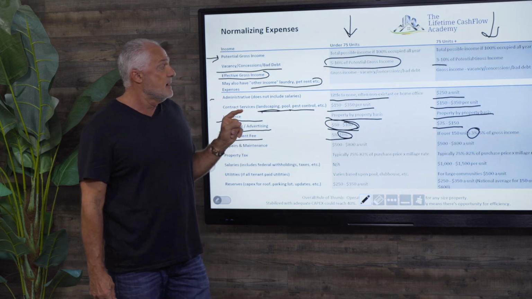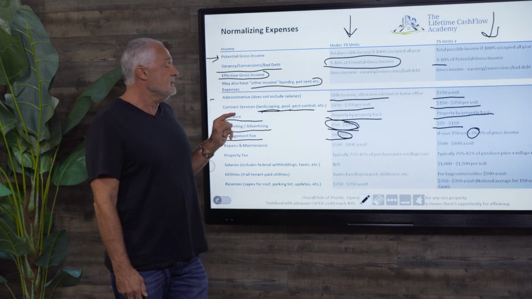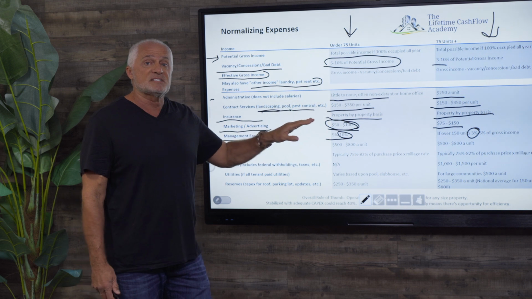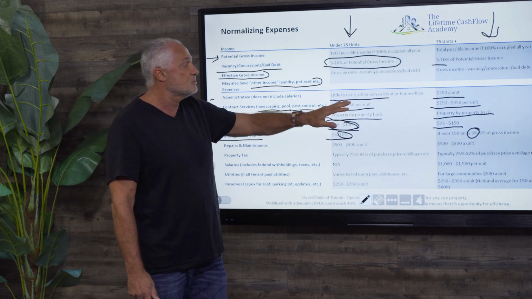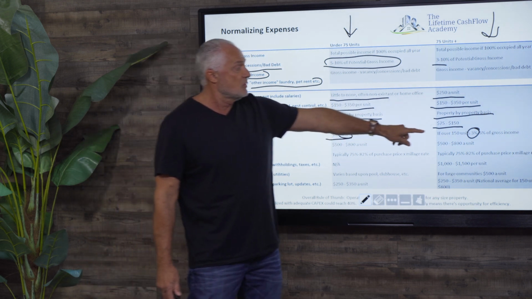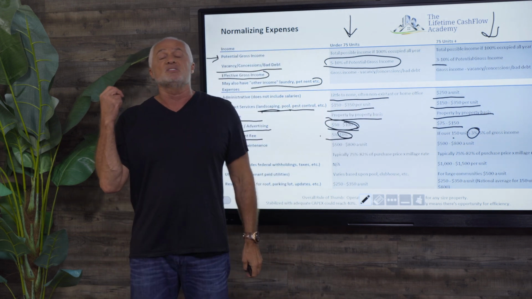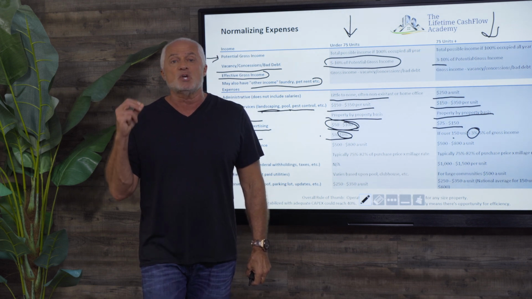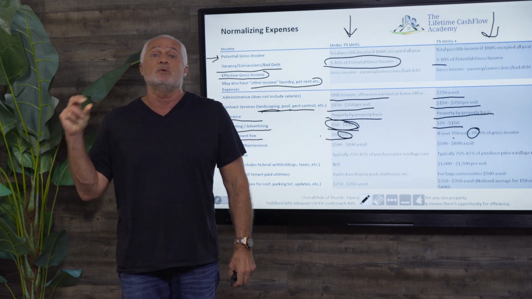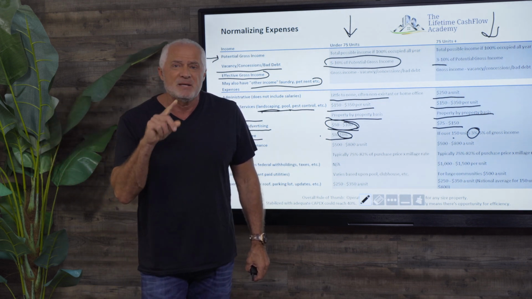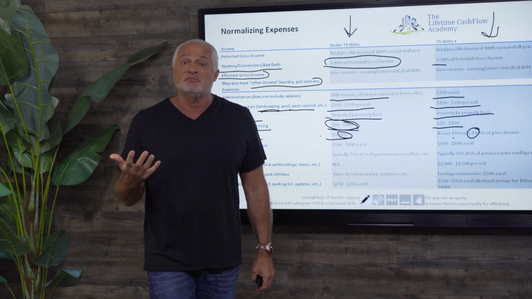But here's the thing to remember. On a larger property, you'll have on-site people that will handle all of these things, which is why you're going to have a much lower management fee for a larger property than for a smaller one. Oh, this is the other thing I wanted to mention. Some of these smaller management companies will charge you a percent of the first month's rent when they lease a new property. Big mistake. Why? Because it's a conflict of interest.